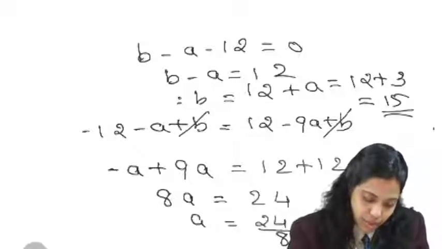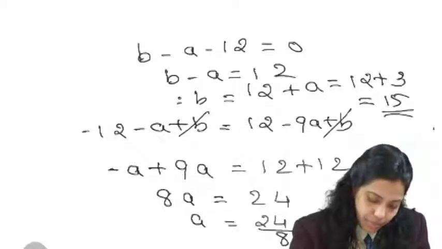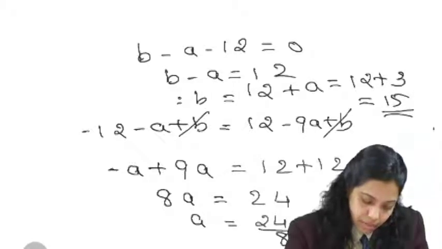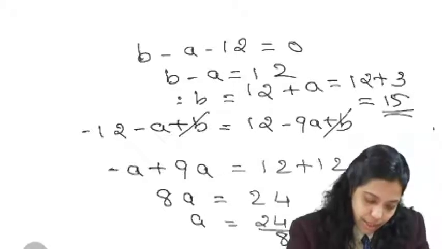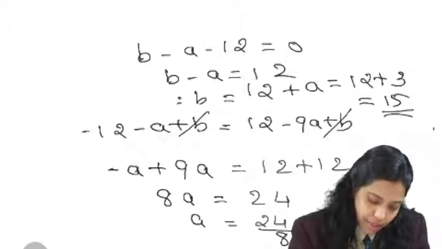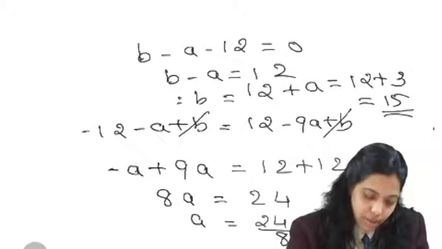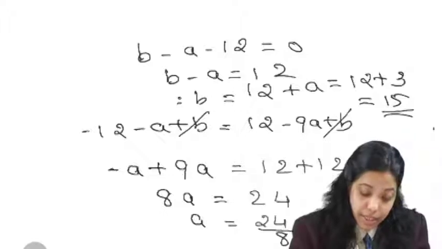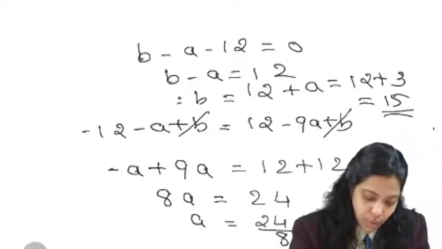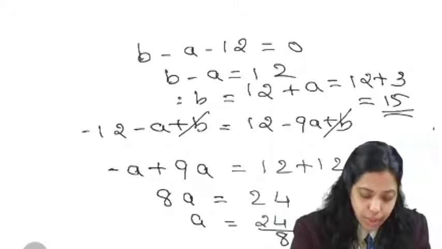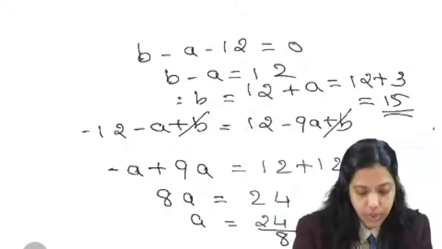So it is equal to minus a plus 9a, plus b and minus b get cancelled, equal to 12 plus 12. Minus a plus 9a, we are getting 8a equal to 24. a equals 24 by 8, it is equal to 3.